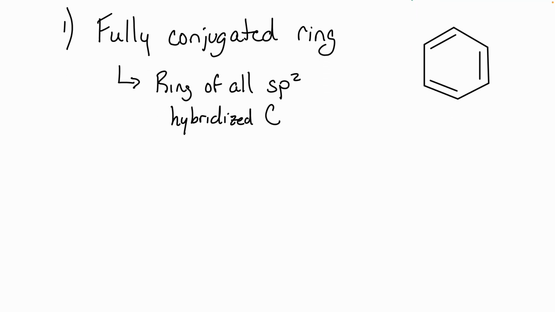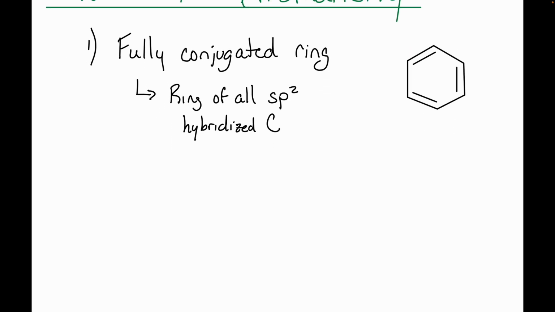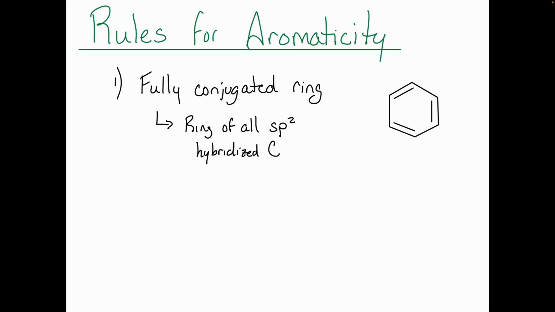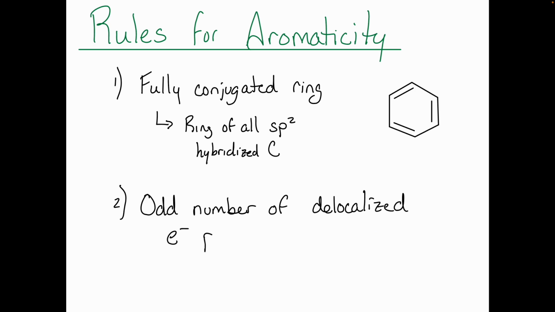All right. The next one, we'll explain a little bit more. For right now, it's going to seem like it comes out of nowhere here. Okay, is that we need an odd number of delocalized electron pairs.